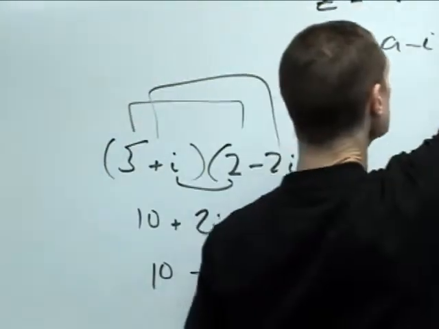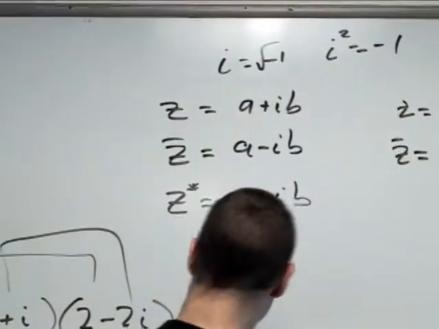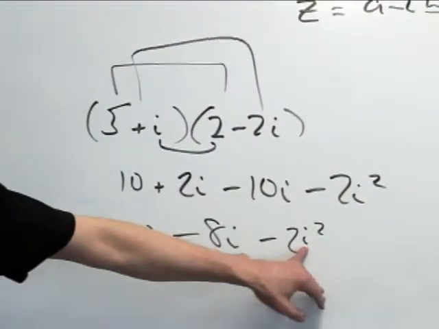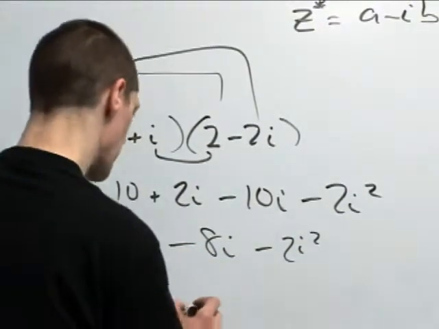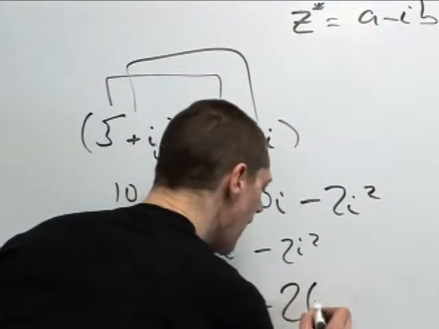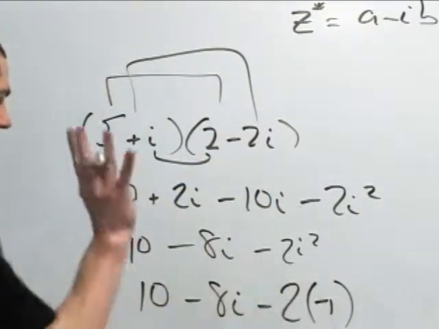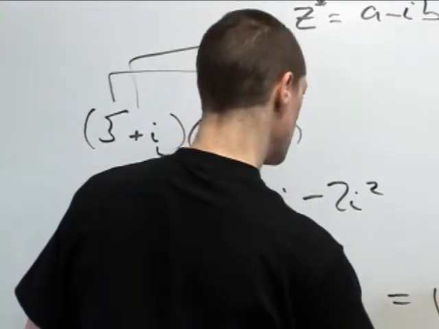But if i is the square root of -1, i squared is -1, right? So this is 10 minus 8i minus 2 times -1. Two negatives in a row cancel each other out. This is going to be 12 minus 8i.